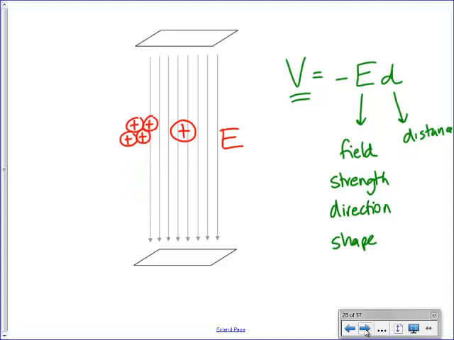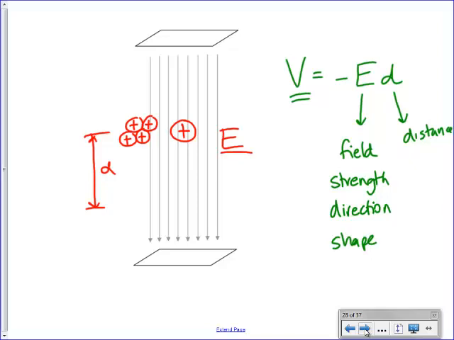Because if you have the same E field and the same distance, then you've got the same potential difference or the same voltage. And again, this is a really useful concept in current electricity.